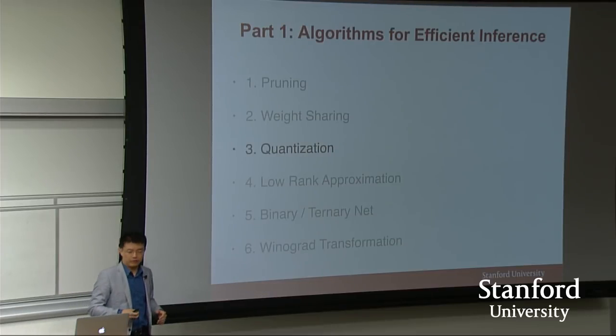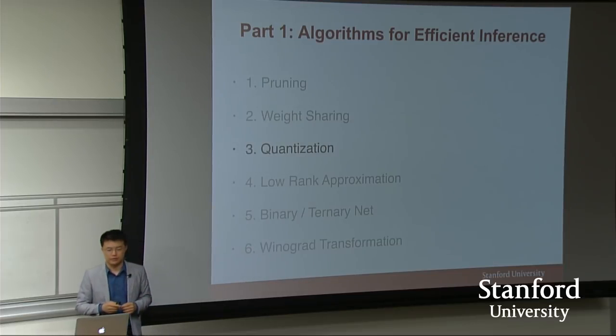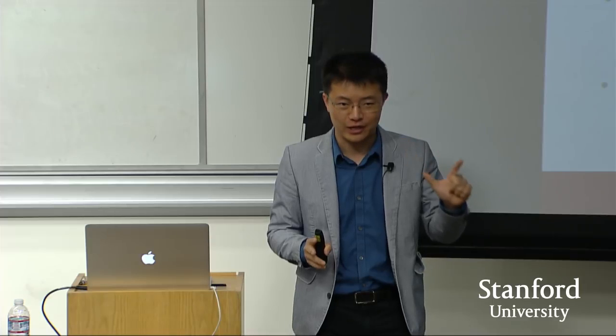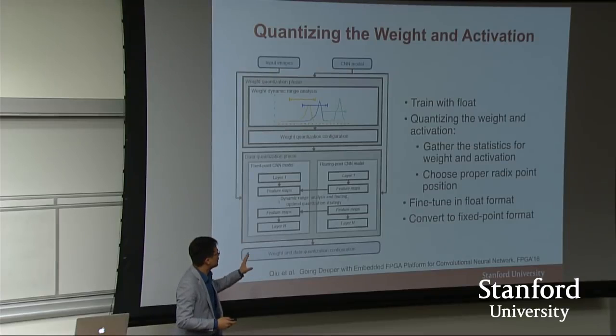Okay, having talked about weight pruning and weight sharing, which is a nonlinear quantization method, I'm going to talk about quantization, which is widely used in the TPU design. The TPU design is using only 8-bit for inference. And the way they can use that is because of quantization. Let's see how it works.